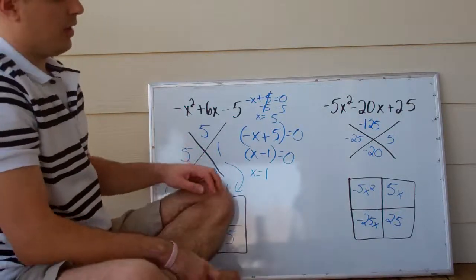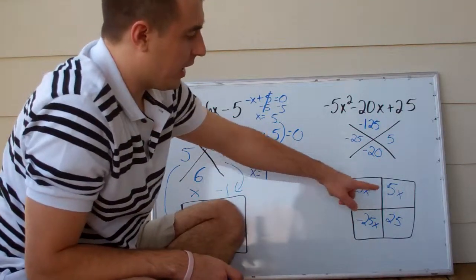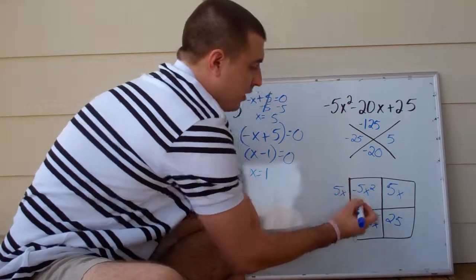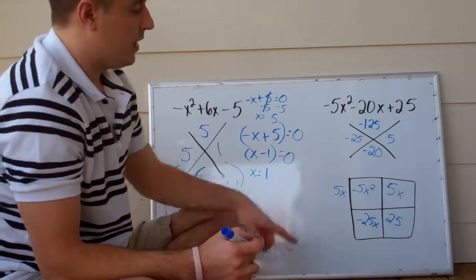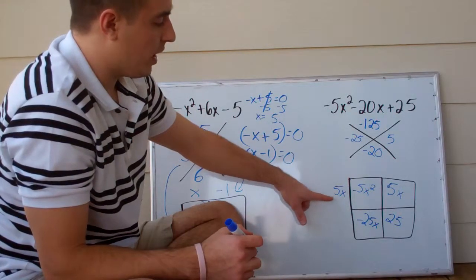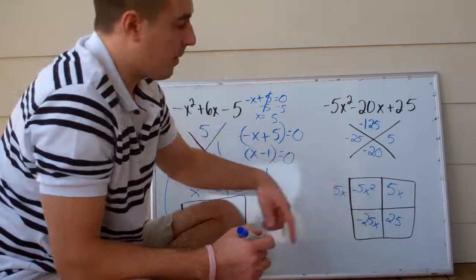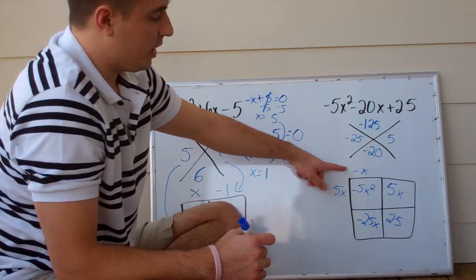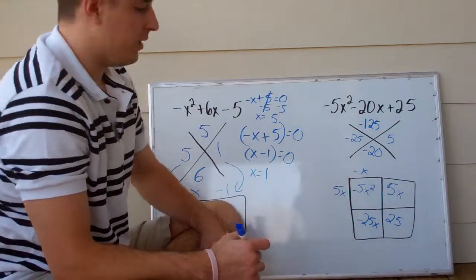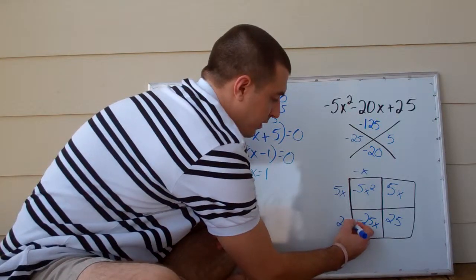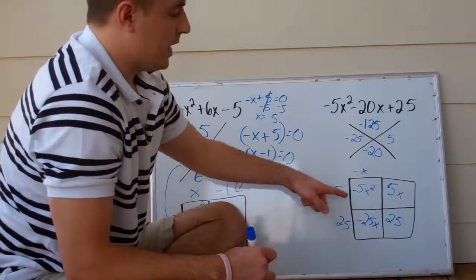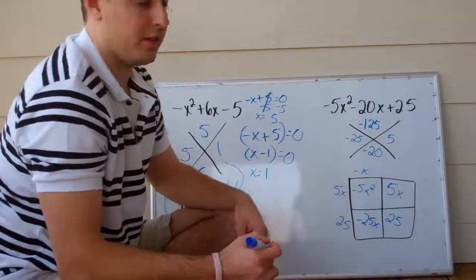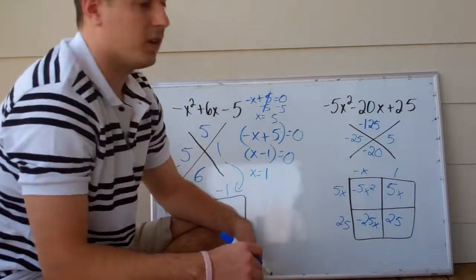So now we've got to figure out what goes into negative 5x squared and 5x. I'm thinking just 5x. And then that means that if this is 5x, what times 5x will get us negative 5x squared? That's easy, just negative x. So what times negative x now will get us negative 25? I'm thinking just positive 25. And then now, what times 5x will get us 5x? And that's just going to be 1.